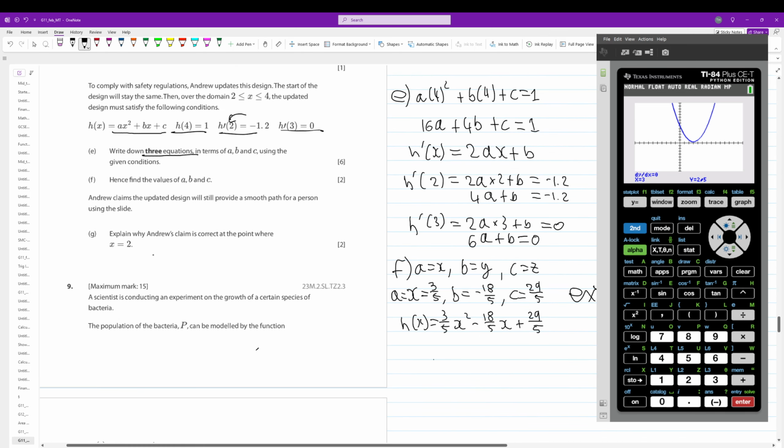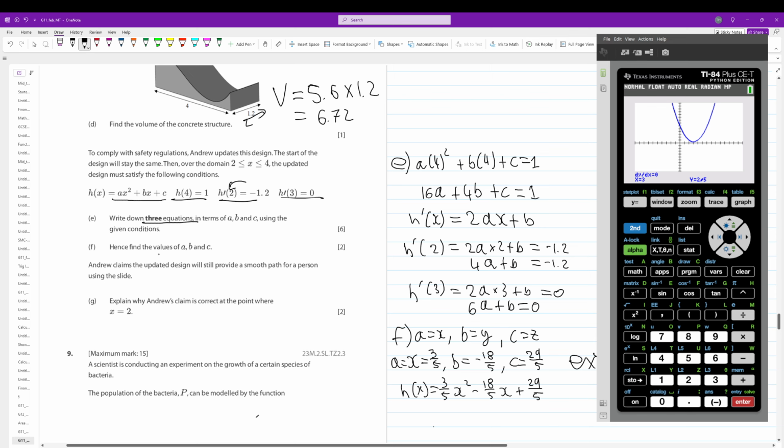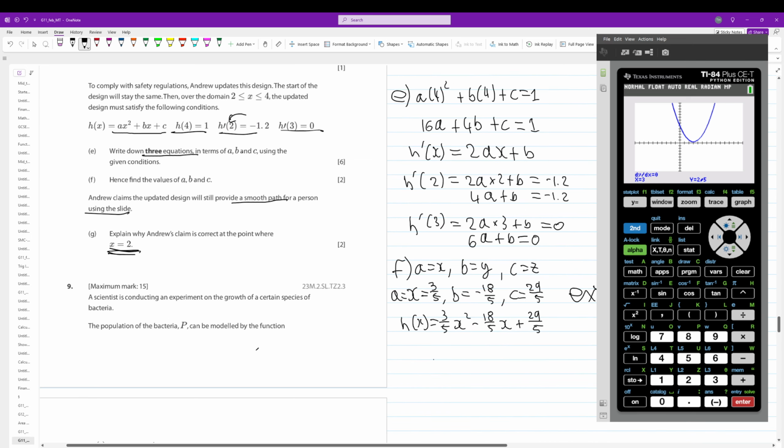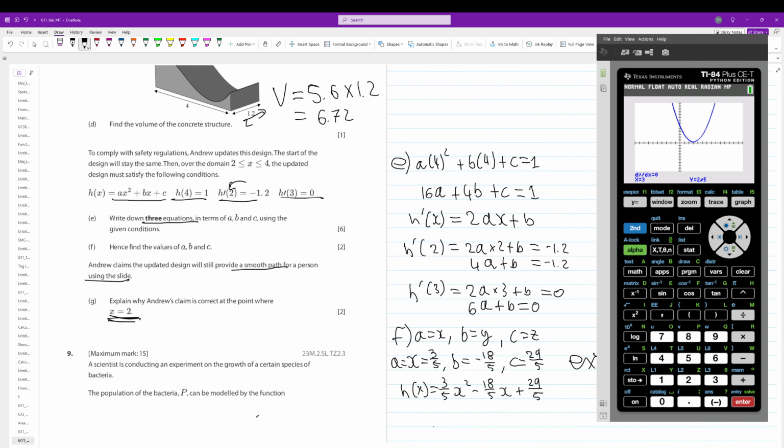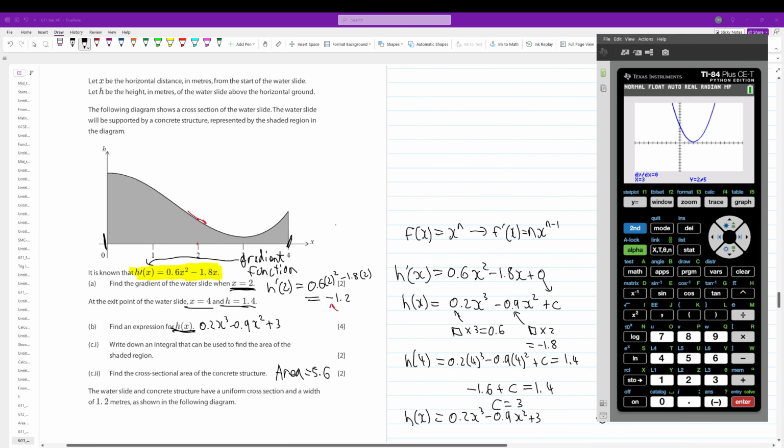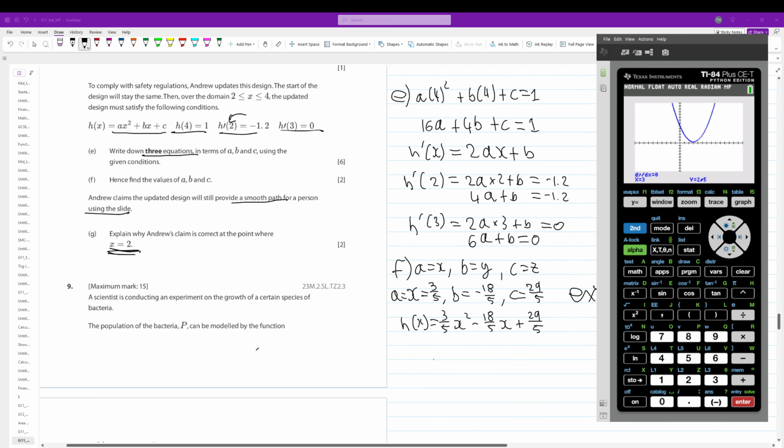Explain why Andrew's claim is correct at the point where x is equal to 2. And claims that it will provide a smooth path for a person using the slide. And the point where x is equal to 2. Okay. Well, where x is equal to 2, we've done this before.